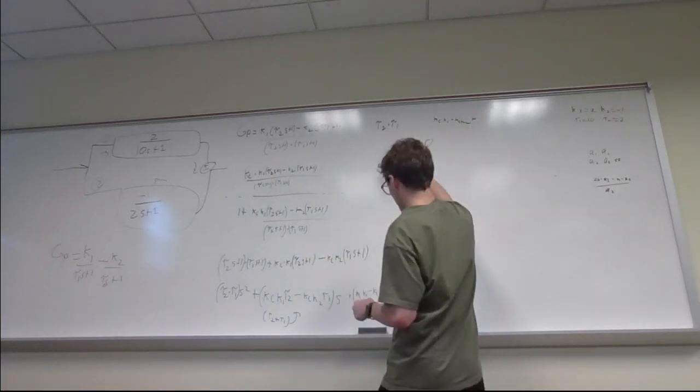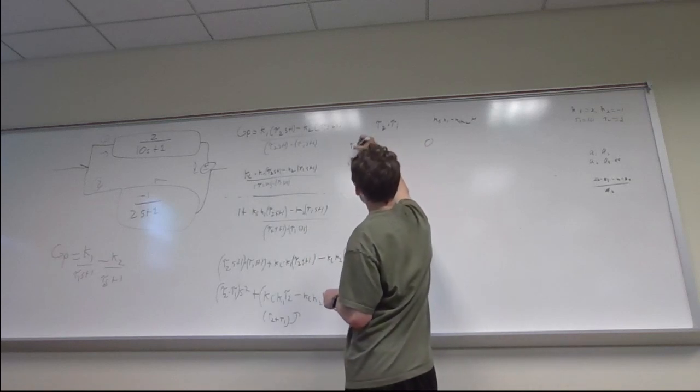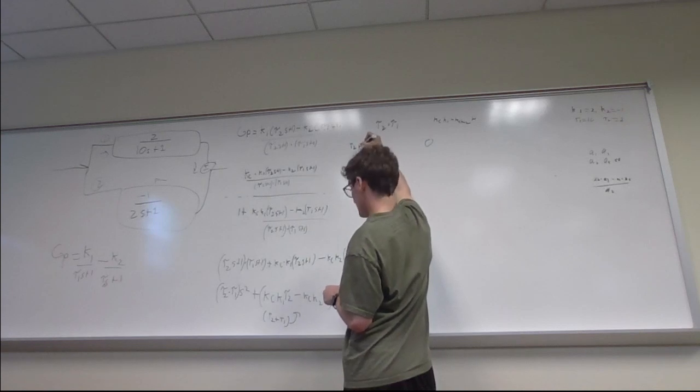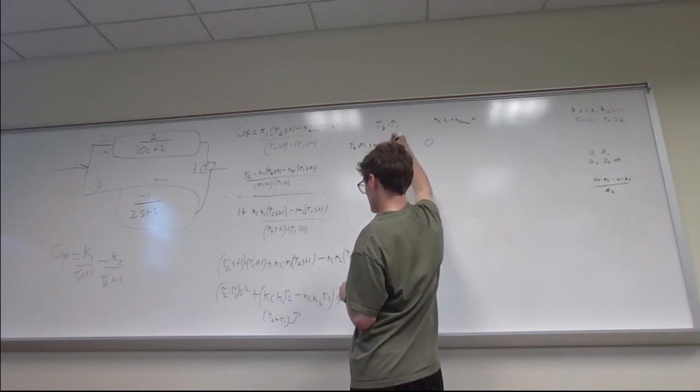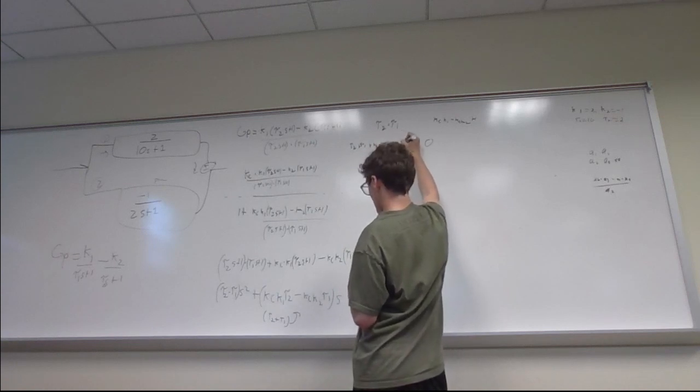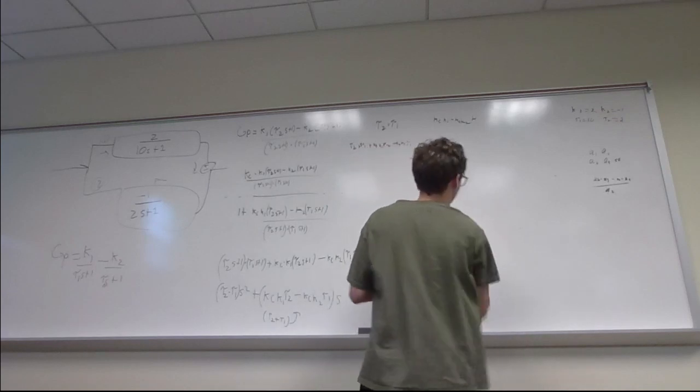And then we're going to do tau 2 plus tau 1 plus KC K1 tau 2 minus KC K2 tau 1.